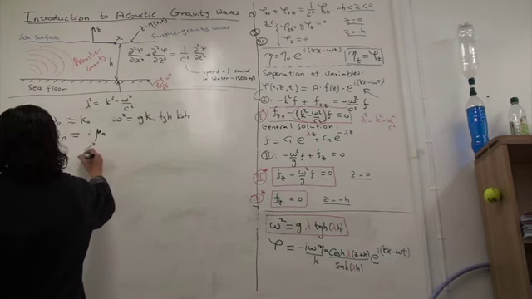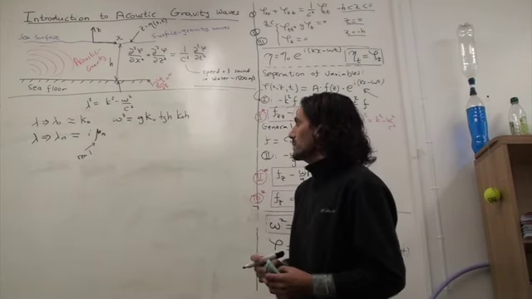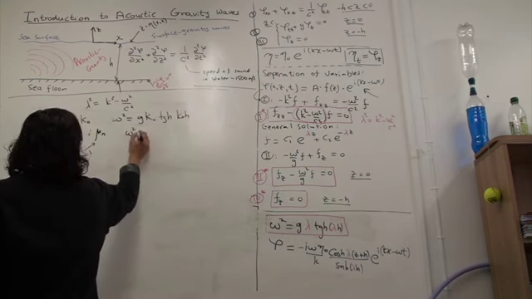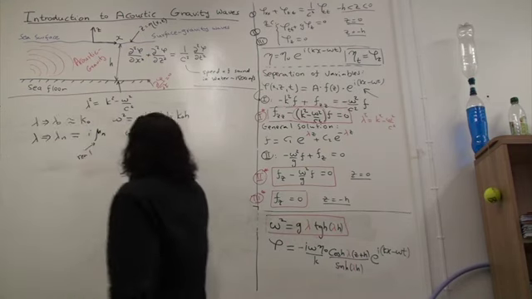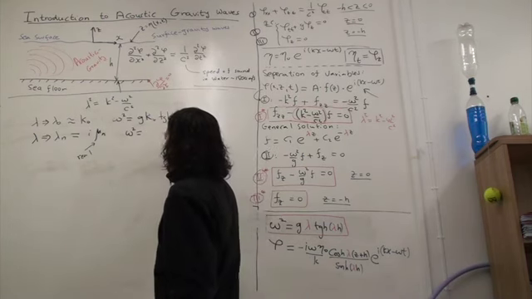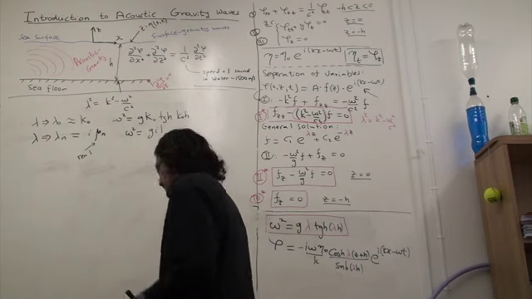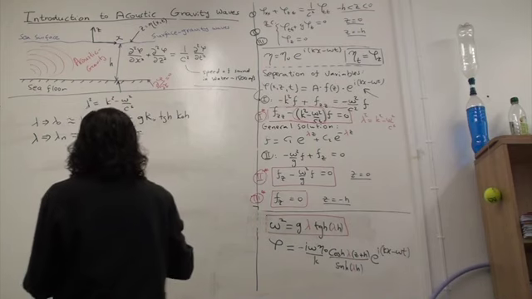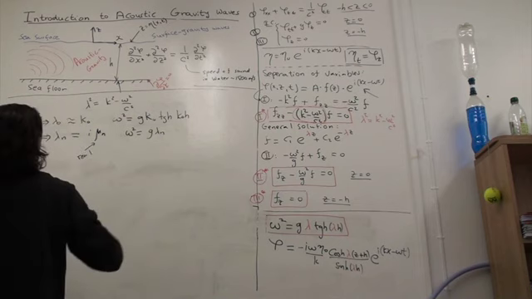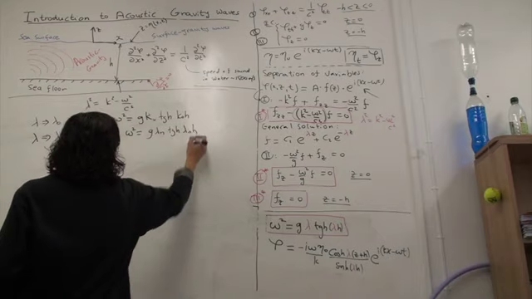In other words, if lambda n is imaginary, what we get now is omega squared equal to, let me do it by steps, g lambda n times hyperbolic tangent lambda n h.